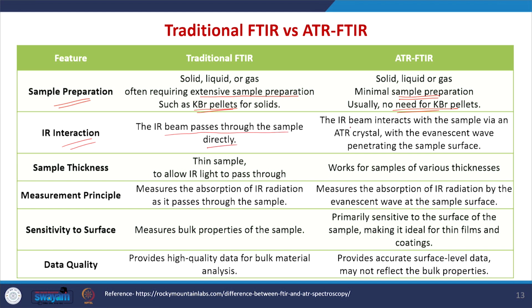In ATR-FTIR, the IR beam interacts with the sample through an ATR crystal, with the evanescent wave penetrating the sample surface, as I told earlier. And in case of sample thickness, we have to use a thin sample in the traditional FTIR to allow the IR light to pass through. But in case of ATR-FTIR, it works for samples of various thickness.